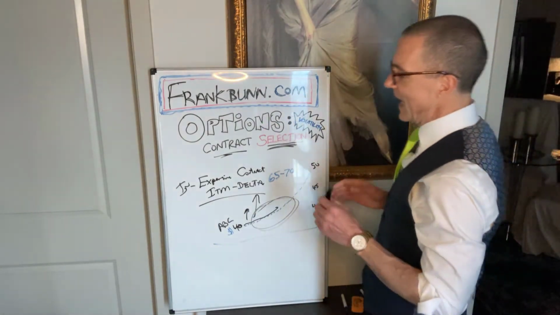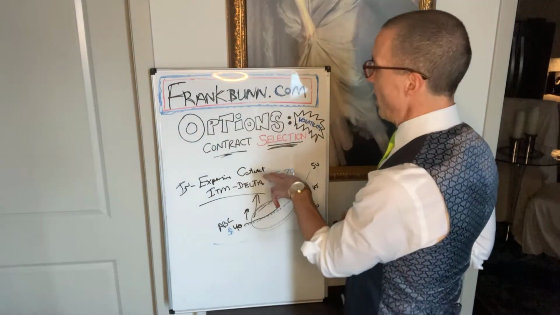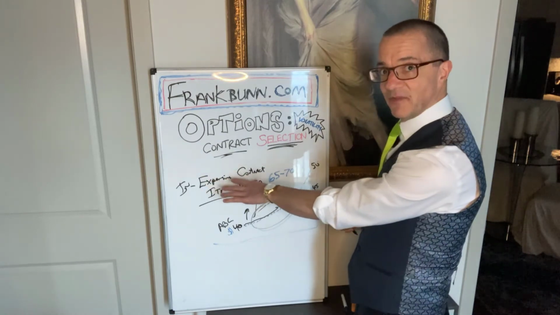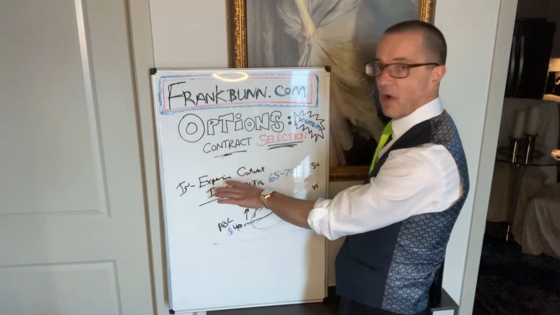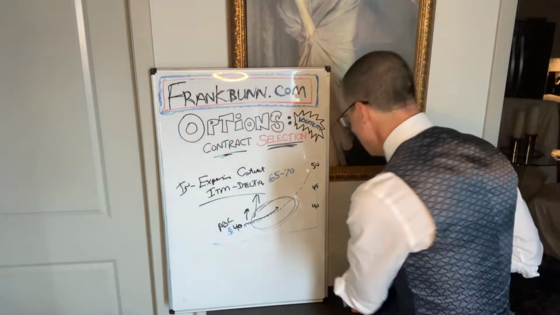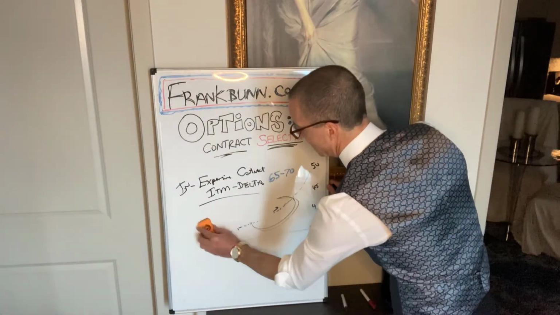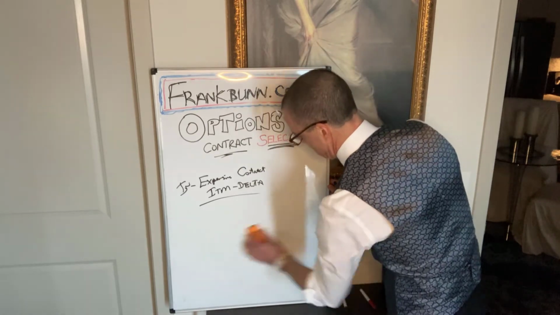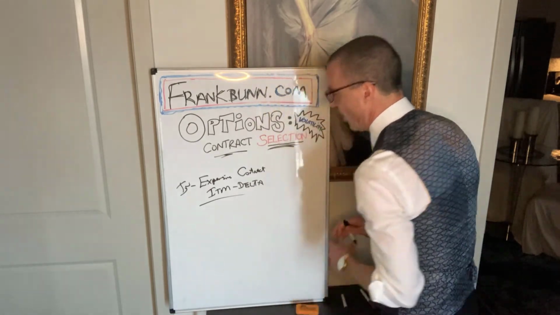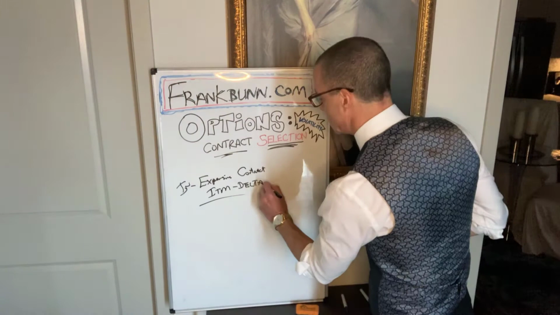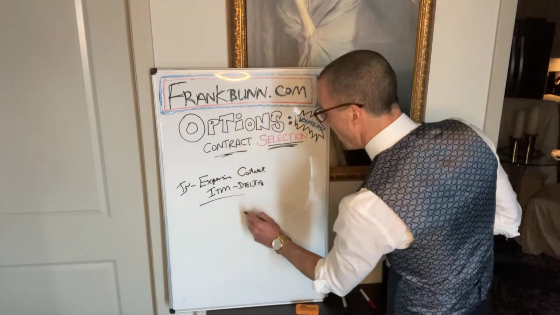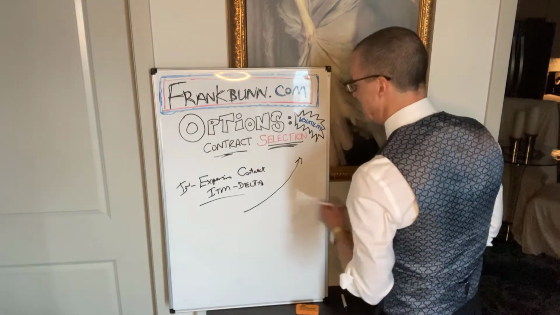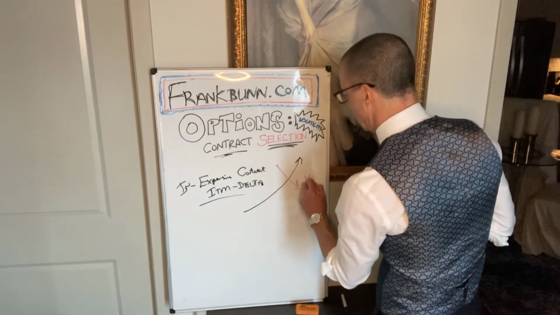So again, the idea is we want low implied volatility vis-a-vis historical volatility. The reason is because here's the real bitch of options, and one of the things that people don't understand makes it very difficult to make money, even if you know how to trade direction. As prices generally increase, you have a commensurate decrease in volatility.